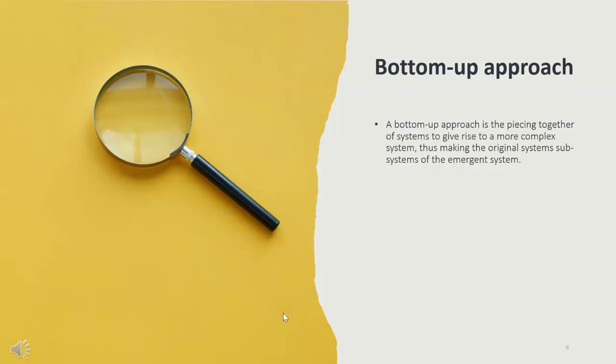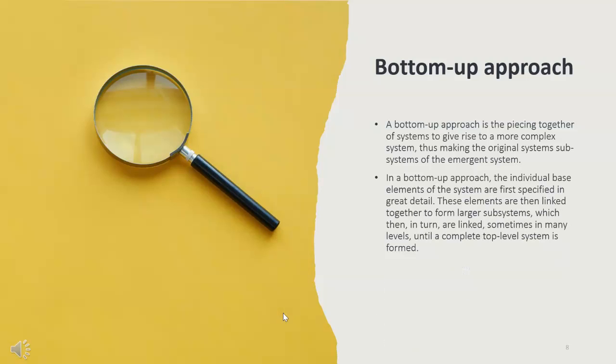A bottom-up approach is a piecing together of systems to give rise to a more complex system, thus making the original system subsystems of the emergent system. In a bottom-up approach, the individual base elements of the system are first specified in great detail.